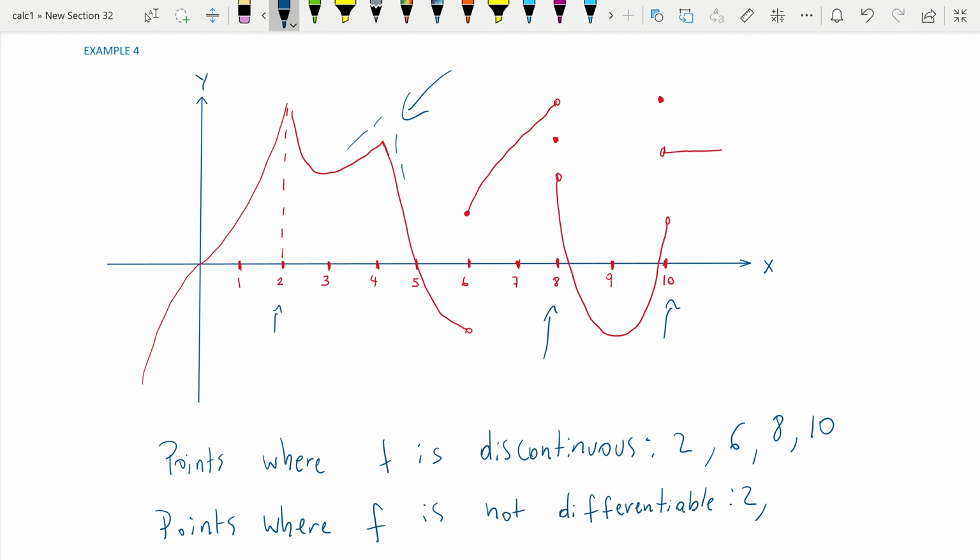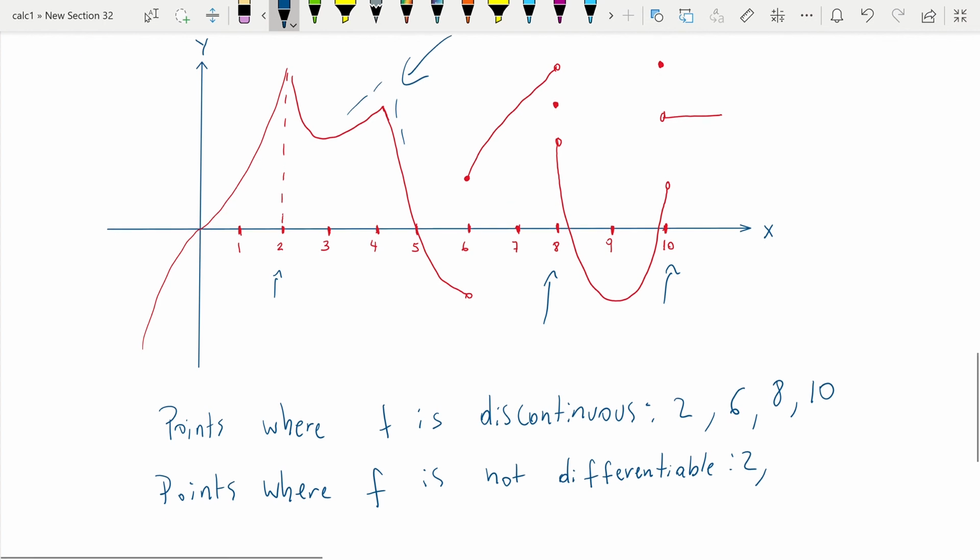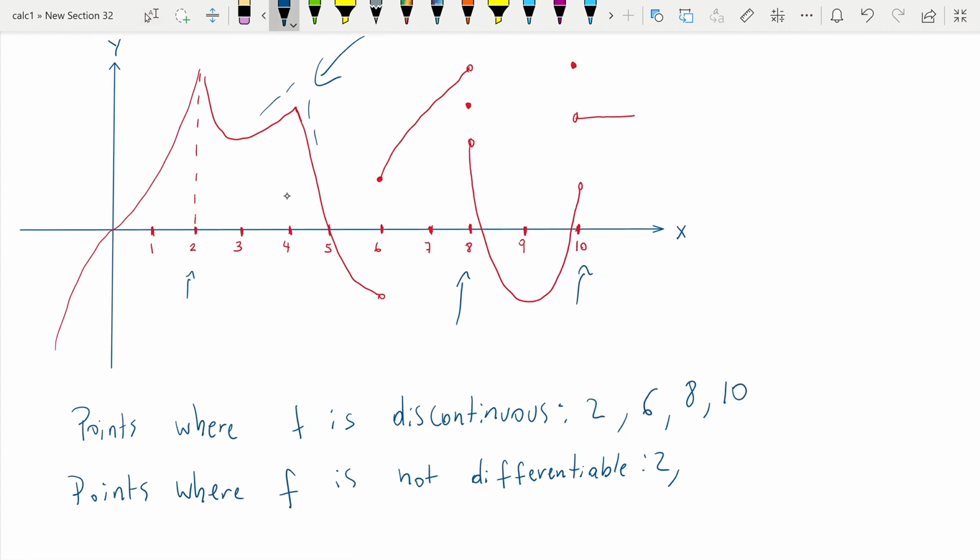The quotient will be going to a certain positive number if you look at the secants on the right, and a negative number if you look at the secant lines approaching 4 from the left. So a corner or sharp turn means that the function is not differentiable either.